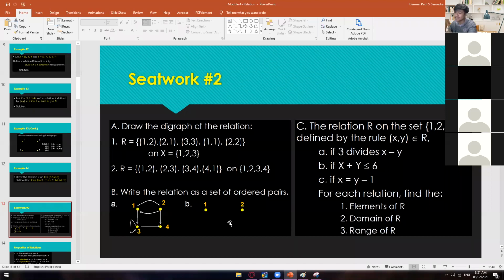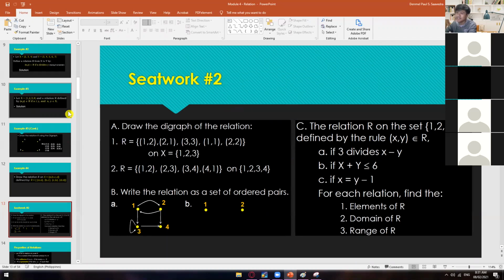Then just list that as no element or an empty set, since there is no relation. So did you get this one now? Yes, sir. Thank you. All right.